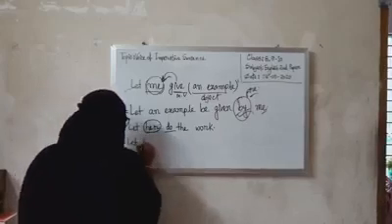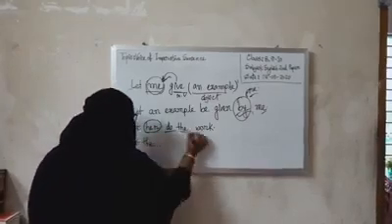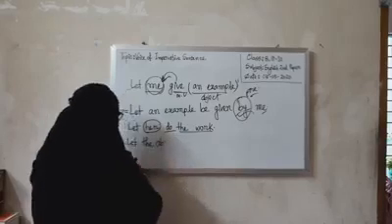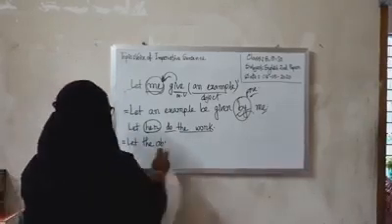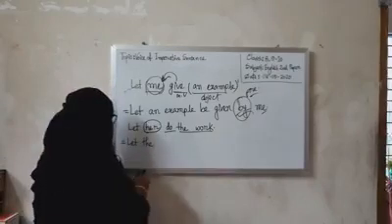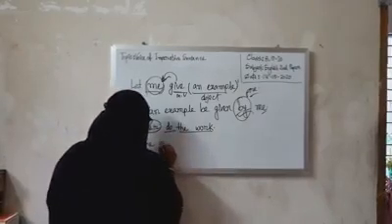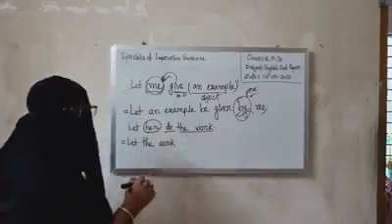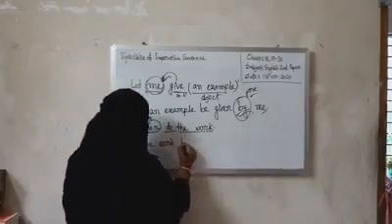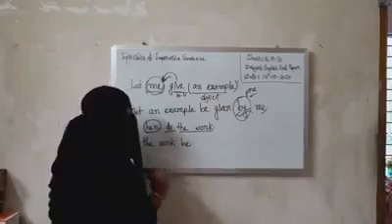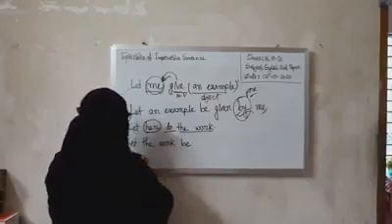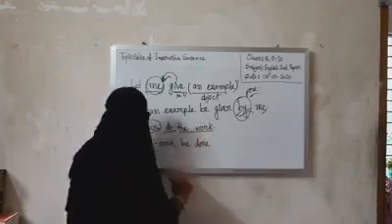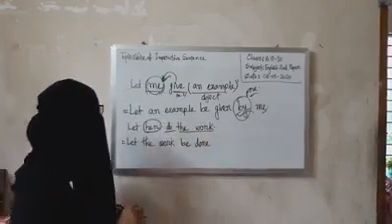Then the object of the sentence, let the word. We have to use be. Then the past participle form of the main verb. Let the word be done.